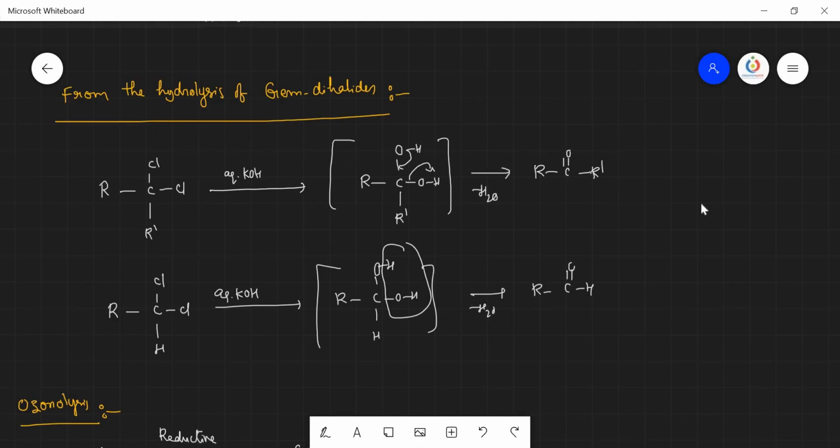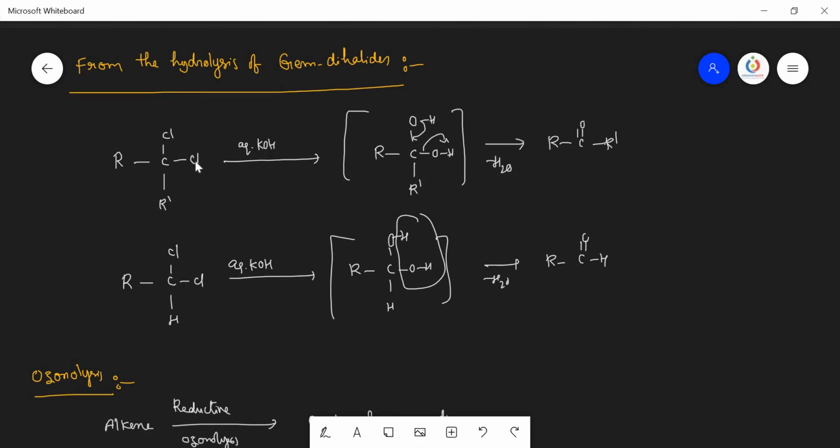Now, hydrolysis of the geminal dihalides. In the hydrolysis of geminal dihalides, if a carbon has two halogens, they are called geminal dihalides. When these are treated with aqueous KOH, these two chlorines will be replaced by OH groups. So we get two OH groups. Whenever two OH groups are placed on a carbon atom in organic chemistry, the molecule is unstable.